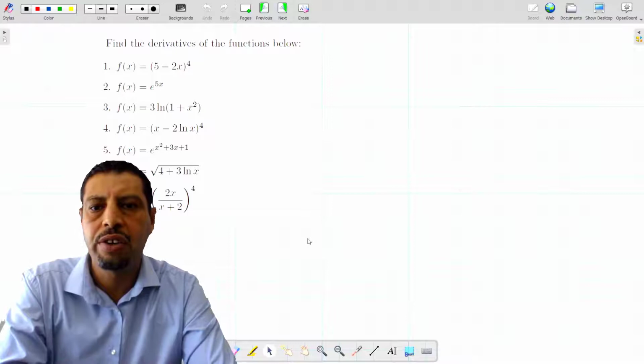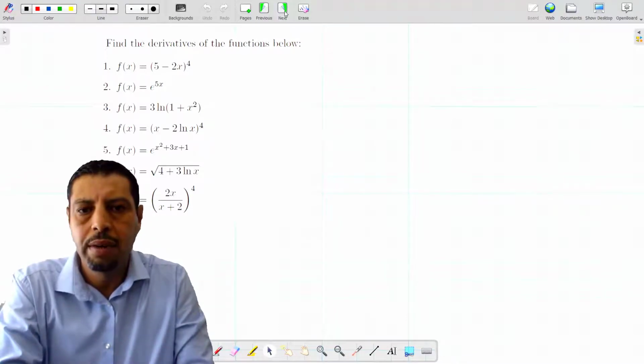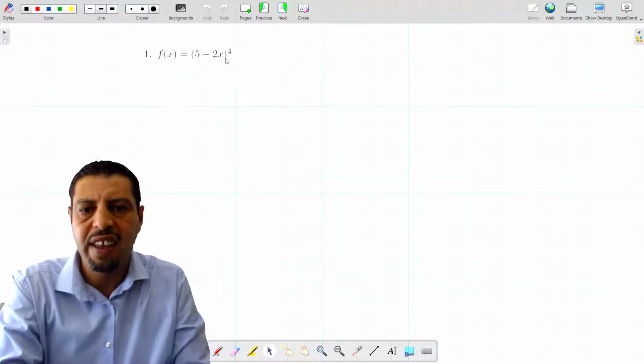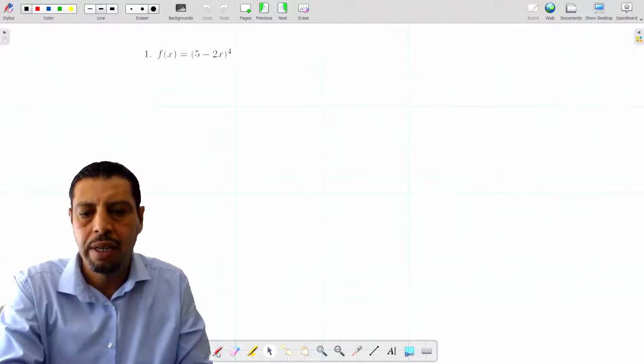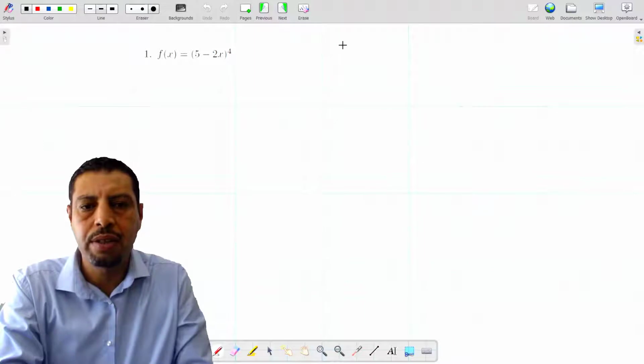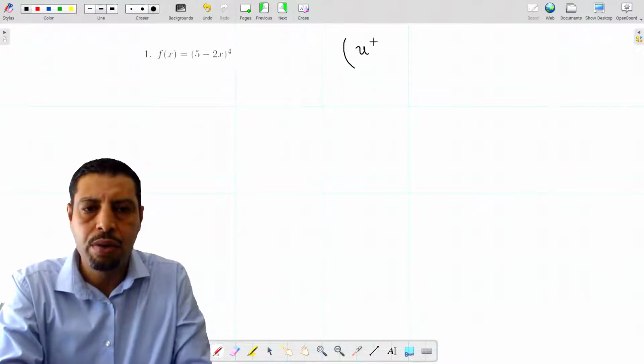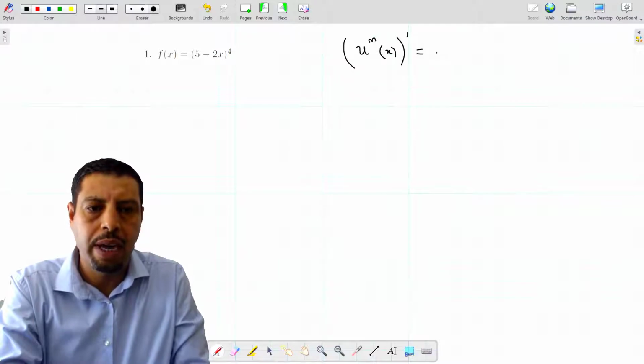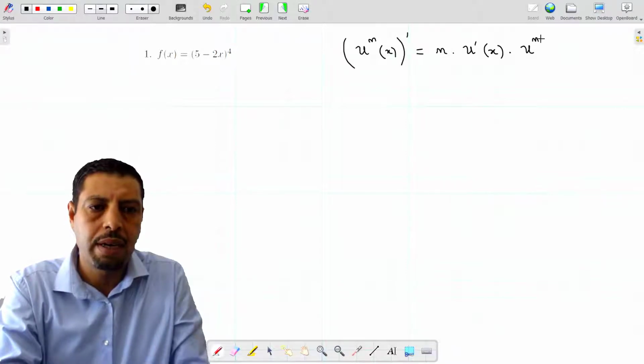So we're going to use the chain rule to find the derivatives of the functions below. So let's start with the first one. f of x equals (5 minus 2x) to the power of 4. Here we're going to use the chain rule applied to powers. So u to the power of n, prime, is equal to n times u prime of x times u to the power of n minus 1 of x.